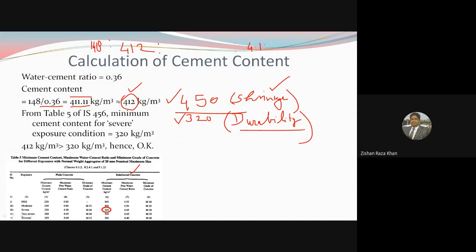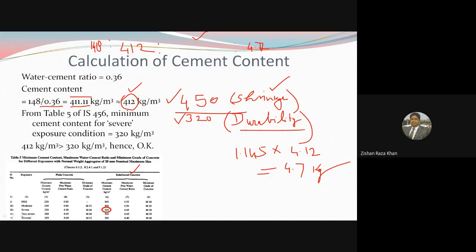Actually, it is having 1.145 specific gravity. So 4.12 into 1.145 comes out to be nearly 4.7 kg. Okay. So we have found out three things.